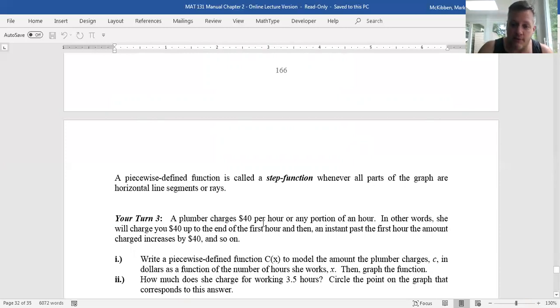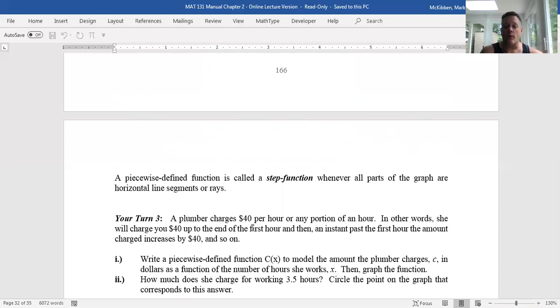So for example, let's look at your turn 3. A plumber is known to charge $40 per hour or any portion of an hour. All right, so in other words, she'll charge you $40 up to the end of a first hour, and then the minute you're past the first hour, the charge increases by $40 for the rest of that time. All right, and this keeps happening every hour.